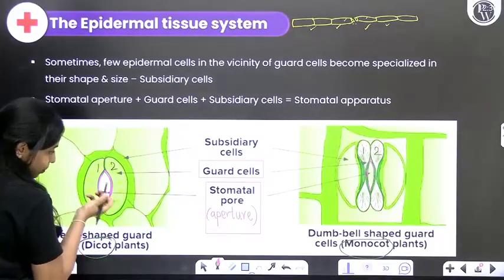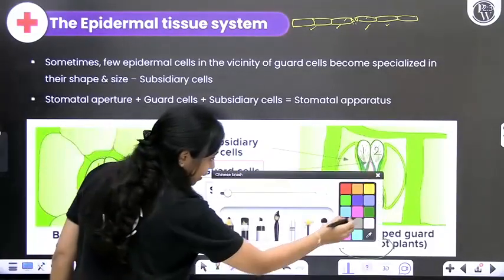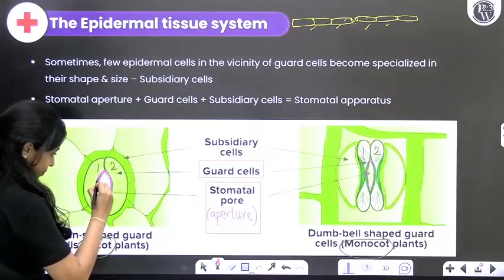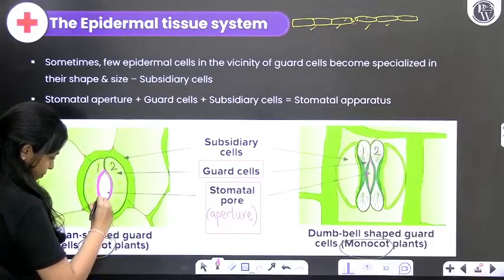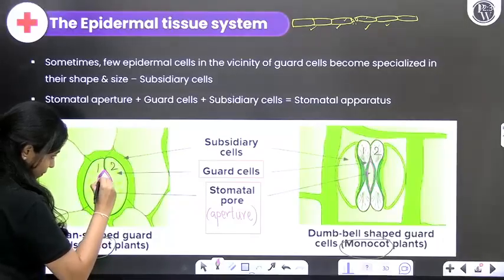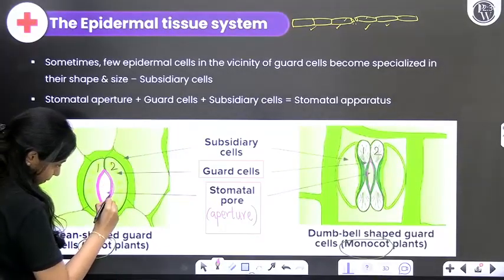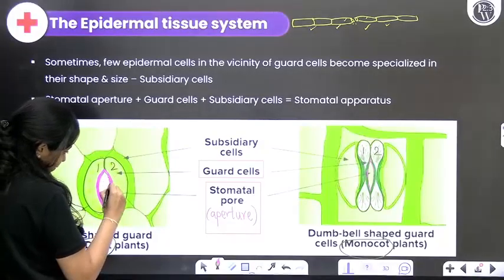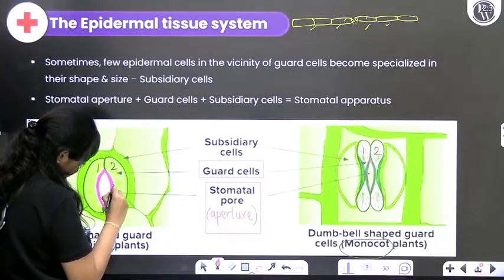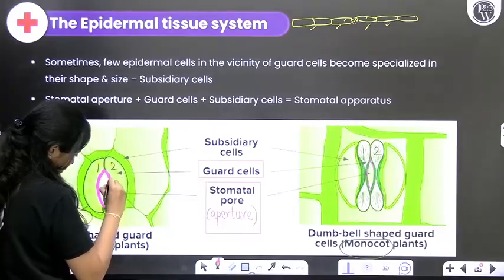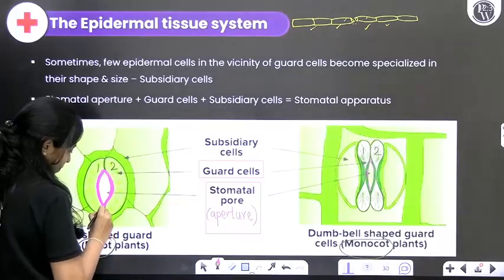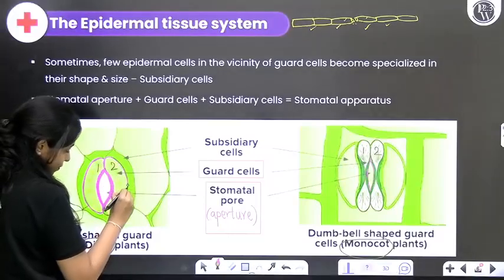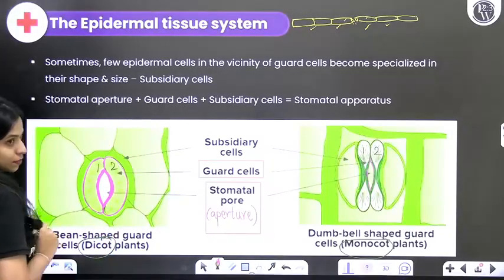Towards the stomatal pore, over here, the cell wall is thicker. Comparatively, the outer wall is thinner and more elastic. Same thing even there.